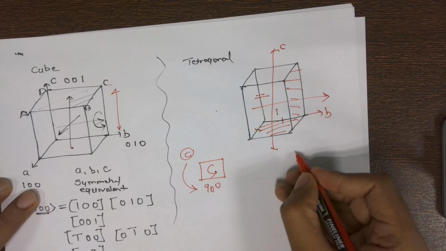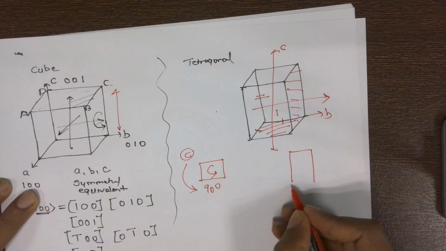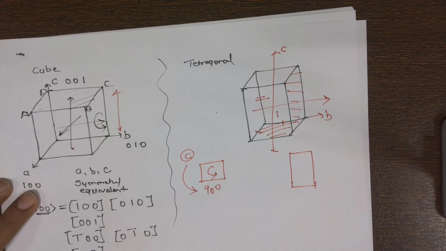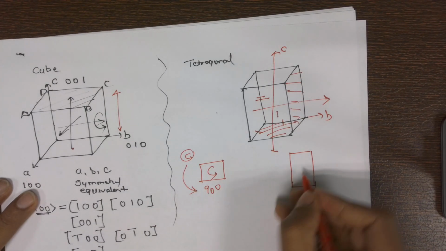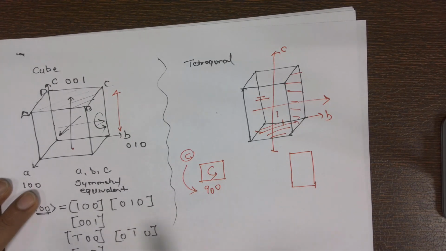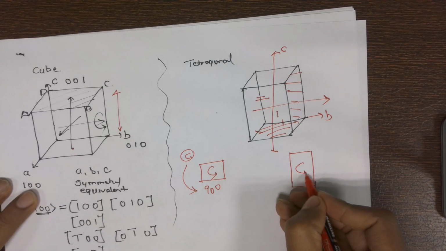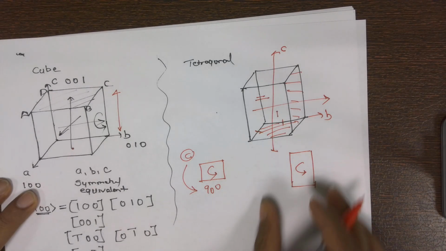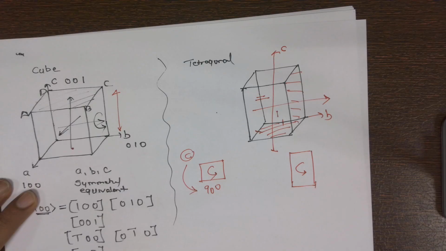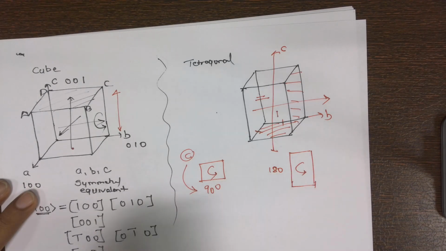First of all, what is there along the B? The face is like this. By how much do I have to rotate to make it symmetrically equivalent? Can someone tell me? If I have to rotate it and make sure the rectangle comes back as a rectangle, by how many degrees should I rotate? It's right, Omkar, it's 180 degrees.